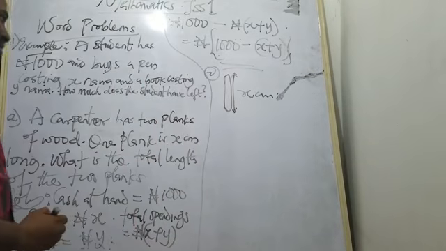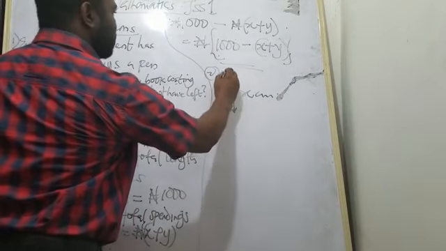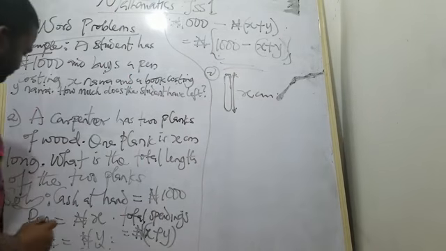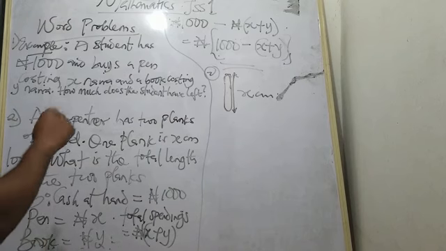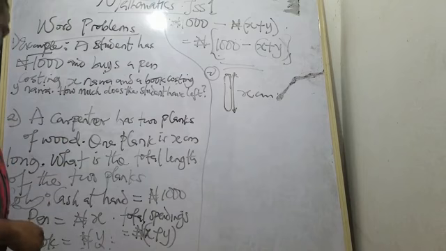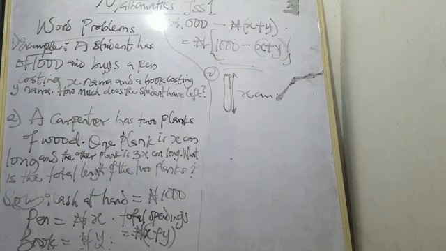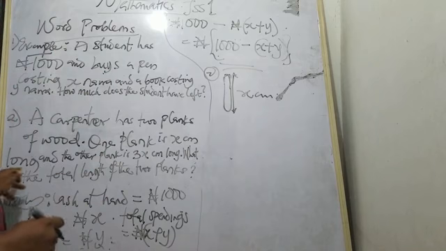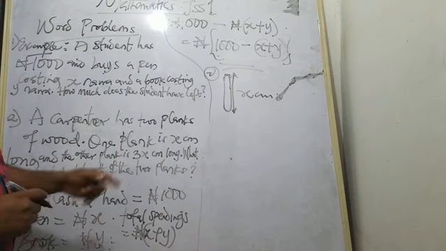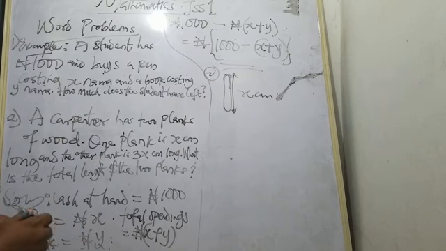And then the next one, one of the planks is X centimeter long and the other plank is 3 centimeter long.